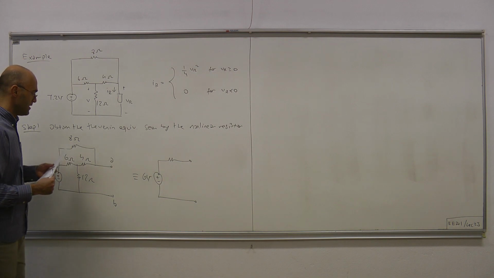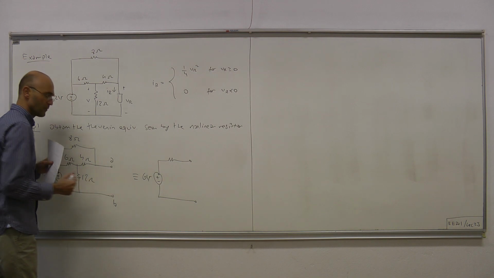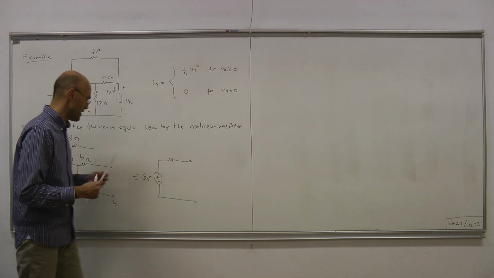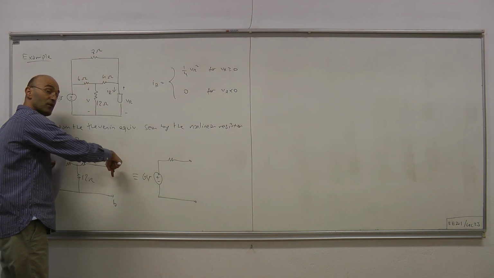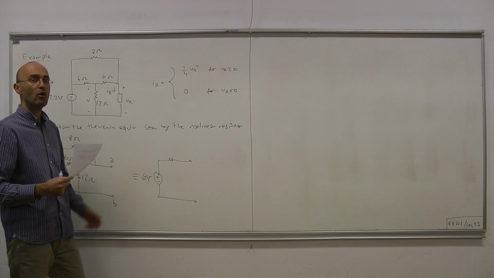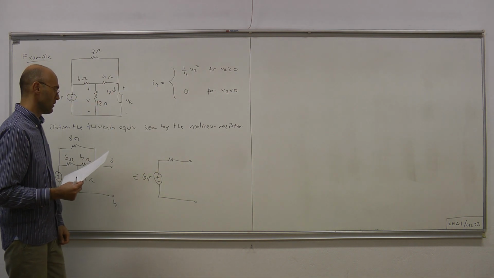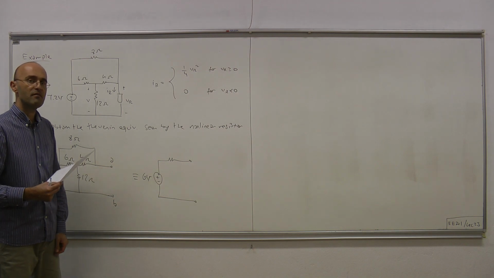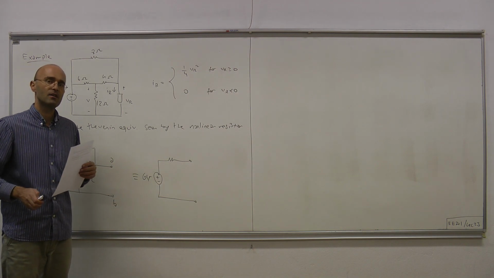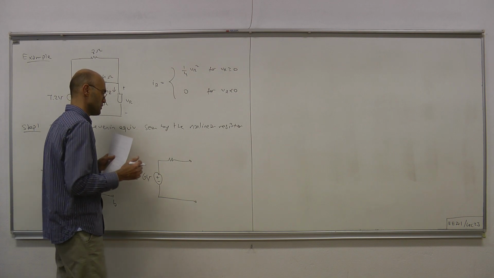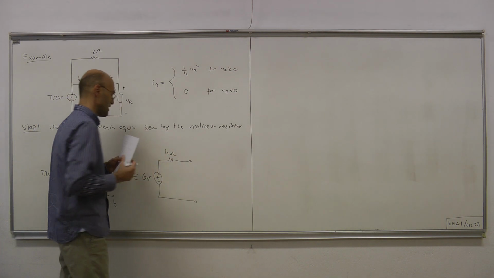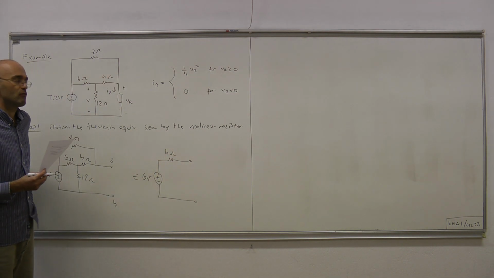Then you can short those two nodes and figure out the short circuit current in the direction from A to B, and that will be your Norton current. Thevenin voltage divided by Norton current, which turns out to be 1.5 in this case, gives you your Thevenin resistance, which is 6 over 1.5, or 4 ohms.